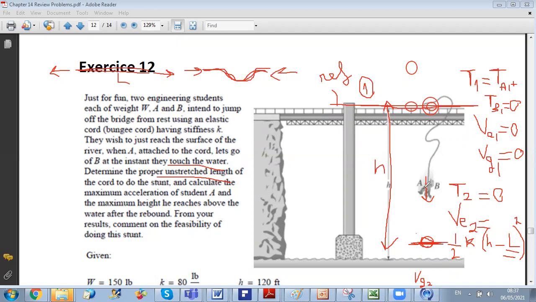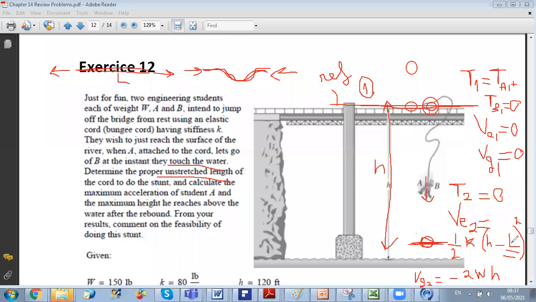Since we have two persons, we should compute the gravitational potential for each one. Since they have the same weight, we can just say it's equal to minus 2W times H. Okay, so now we have computed all our terms. The only unknown is L, the unstretched length.